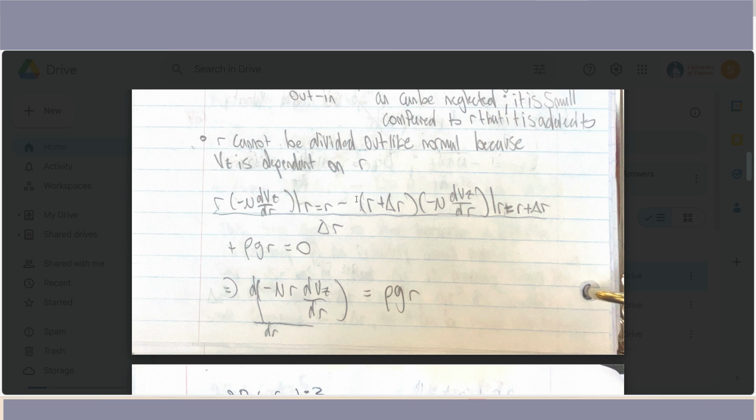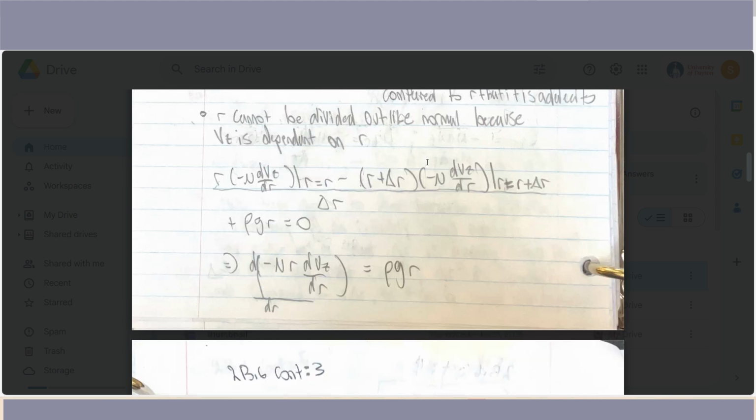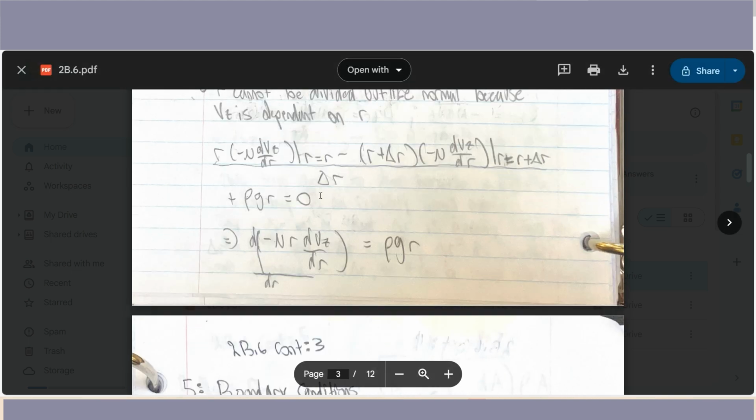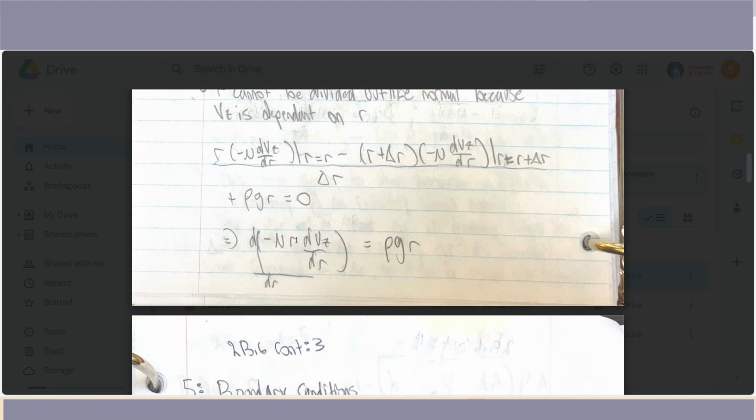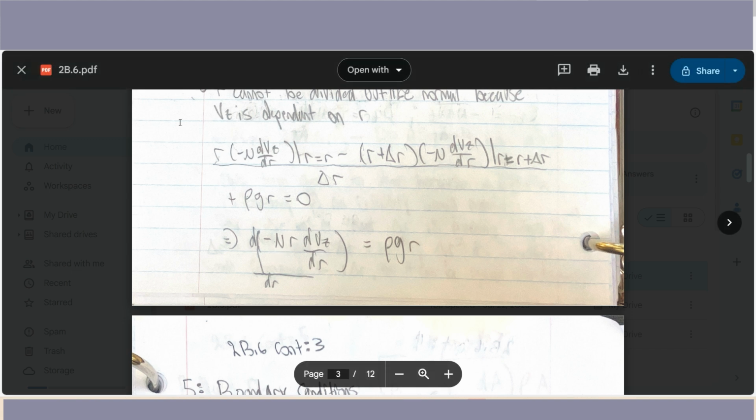Because R divided by delta R, since delta R is an infinitely small number, is going to be an incredibly large number pretty much. And then delta R divided by delta R is just going to be 1. So basically R divided by delta R equals R plus delta R divided by delta R. That's why when we take the derivative of this, we just say R here and not any combination of R and delta R.